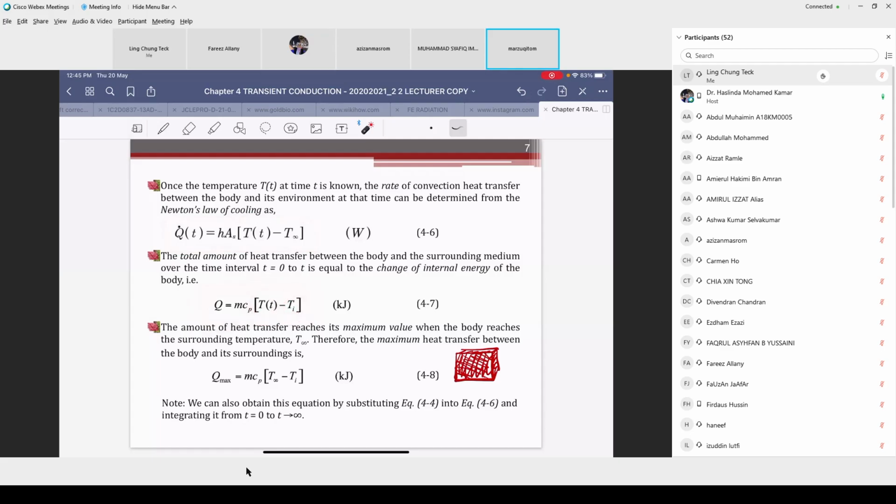Let's say before we do the analysis, the initial temperature is 20 degrees C. Then when we transfer heat into the body, maybe 20 seconds after that, the temperature rises to, let's say, 50 degrees C. So we want to know how much heat is transferred during this process. Something like that.